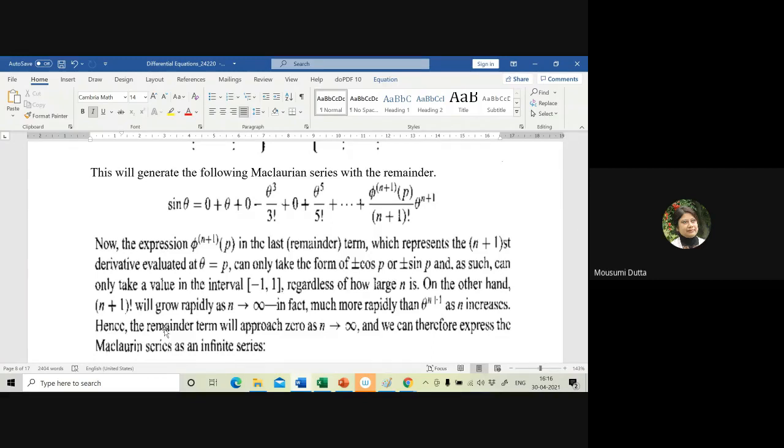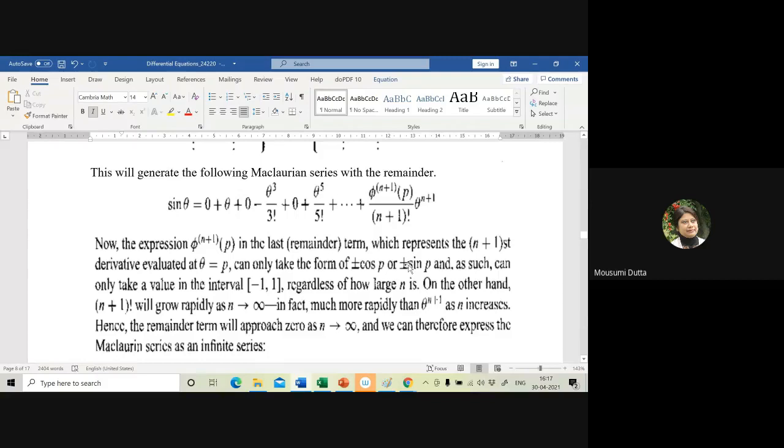So it is moving towards infinity. In fact, much more rapidly than theta to the power n plus 1, which also increases a lot as n moves towards infinity. However, the denominator will increase at a faster rate than theta to the power n plus 1.